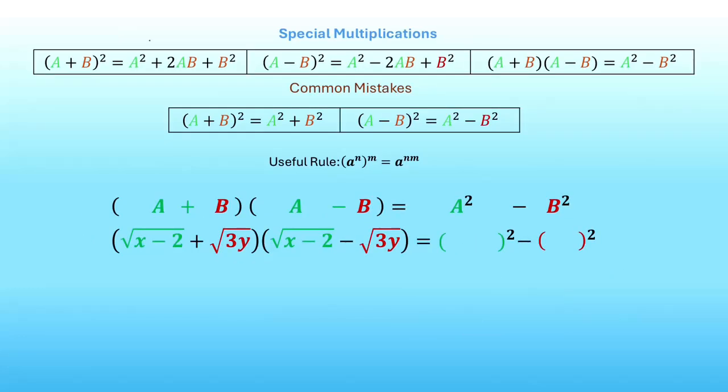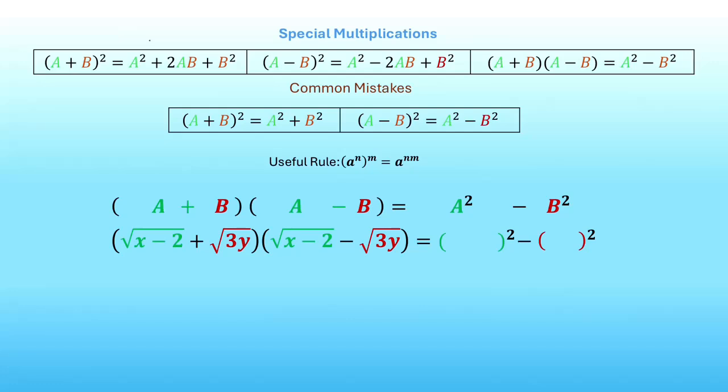And lastly, we have once again the difference of two squares. The difference of two squares is frequently applicable in algebra, pre-calculus, and calculus. So that's why I'm focusing on it in this lesson. Here, a is the square root of x minus 2, and b is the square root of 3y.